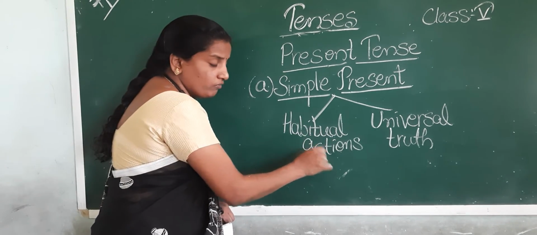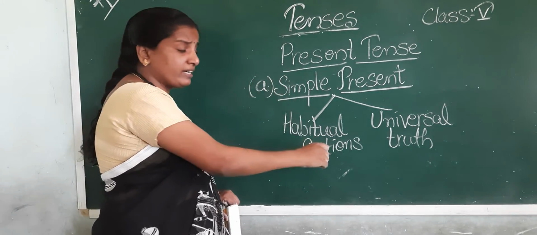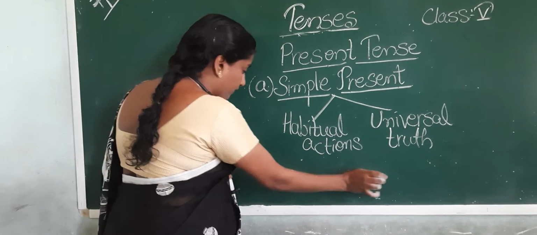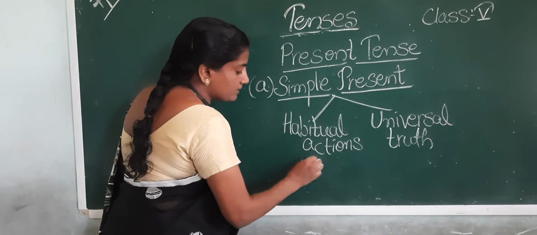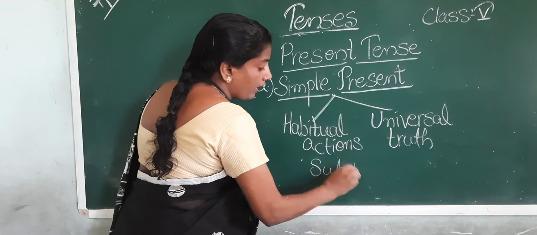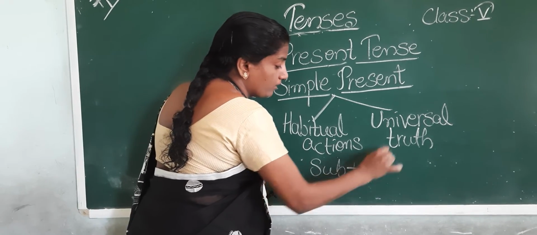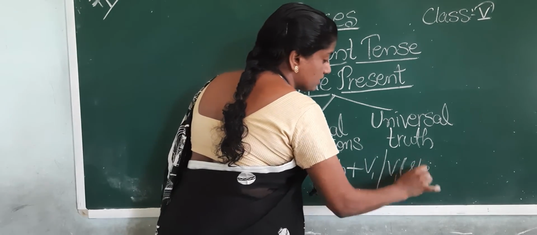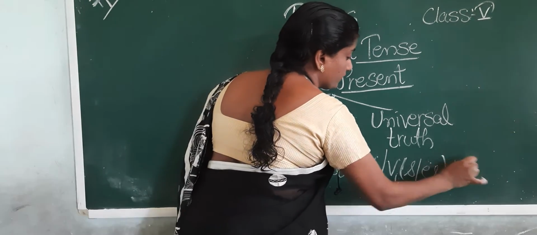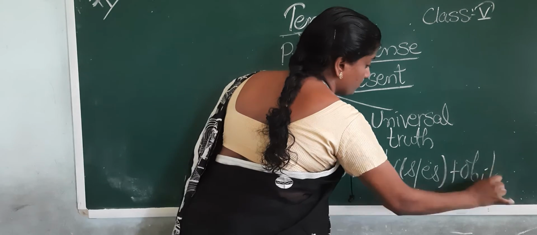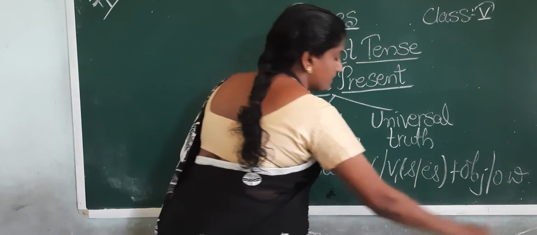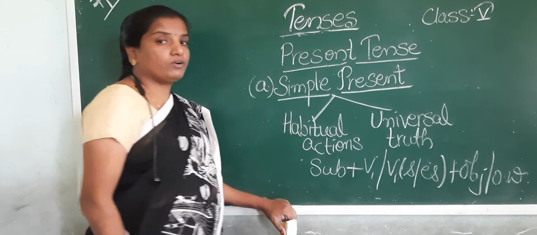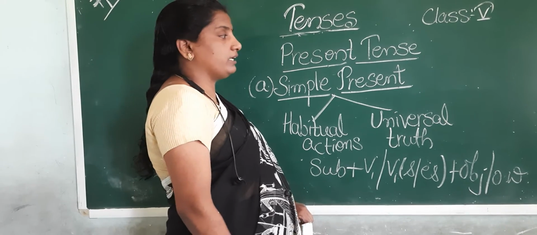Now see, children, what is the structure given to you? Subject along with V1 or V1 with s or es, then object or other words. This is the structure denoted by simple present tense.